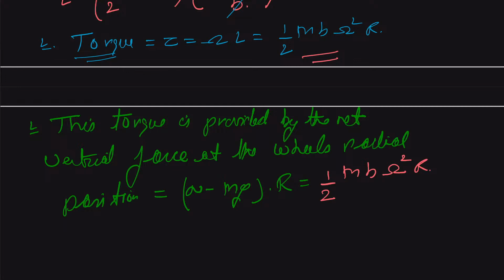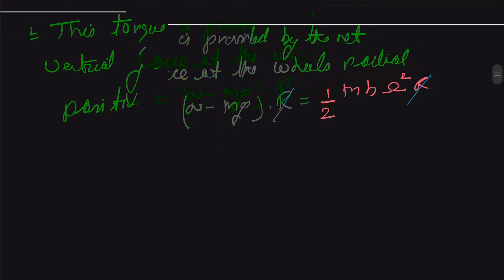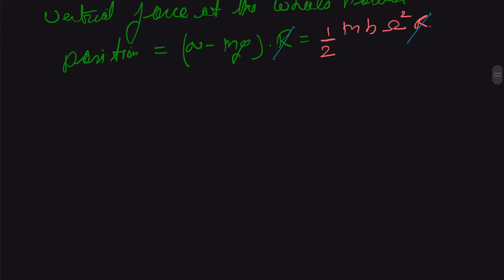And here this r and r cancel out, so we get that n minus mg will be equal to half m b omega square.